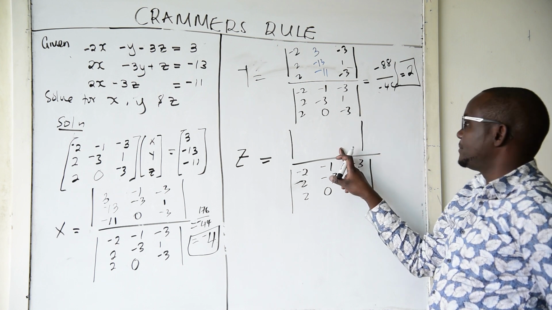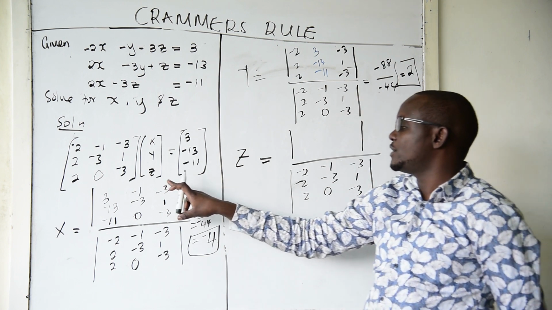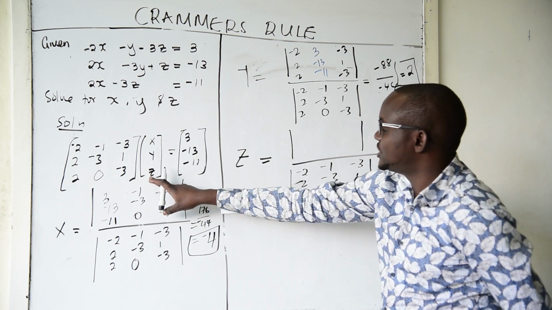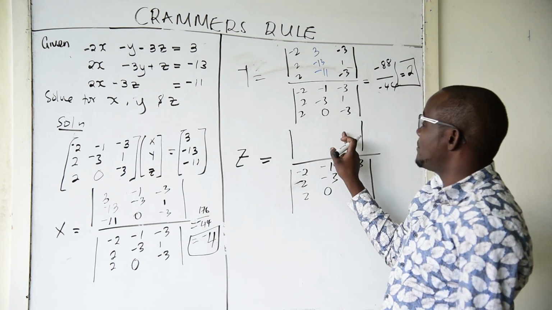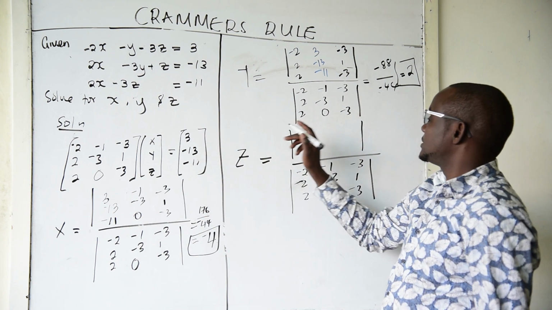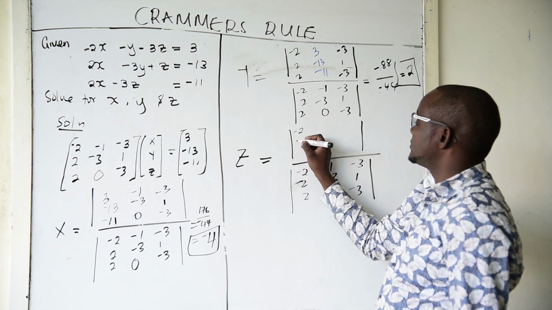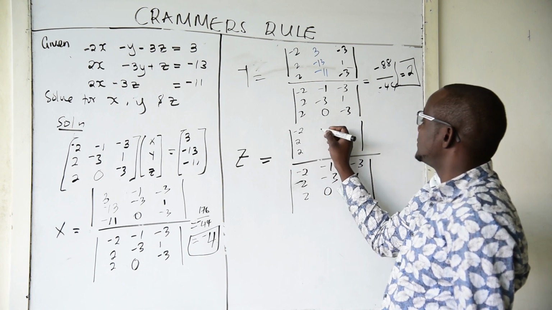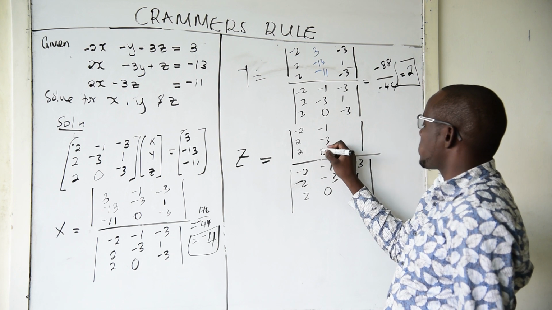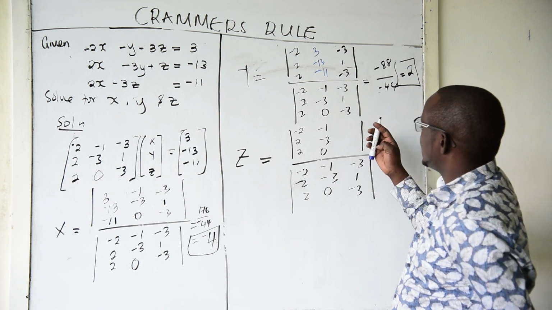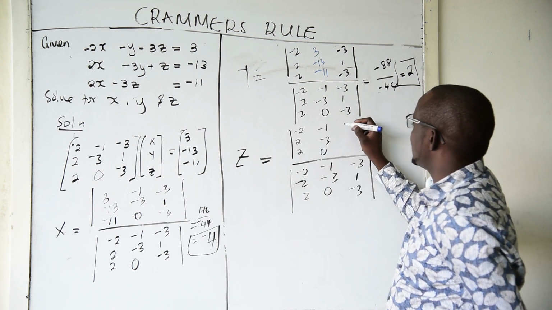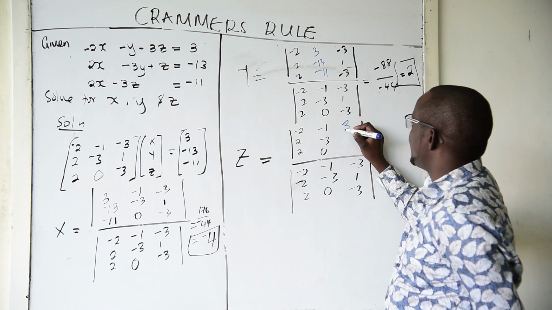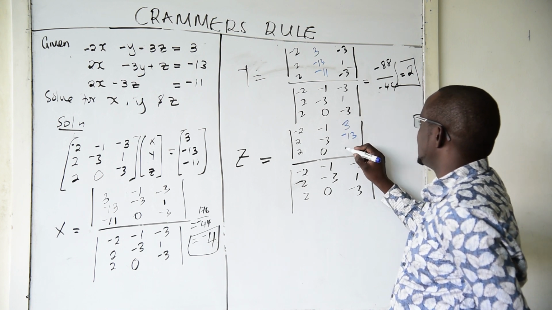For the numerator, since we are looking for the third unknown, we interchange the third column with this. The first two columns remain the same. The third column now becomes 3, negative 13, negative 11.